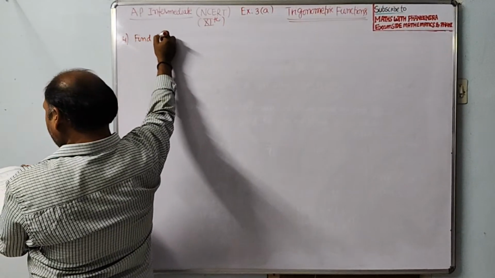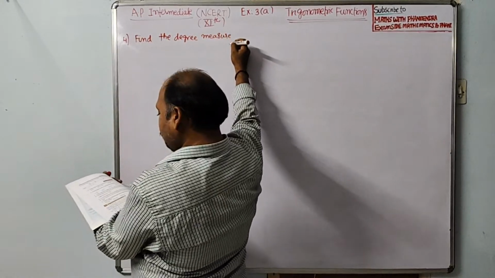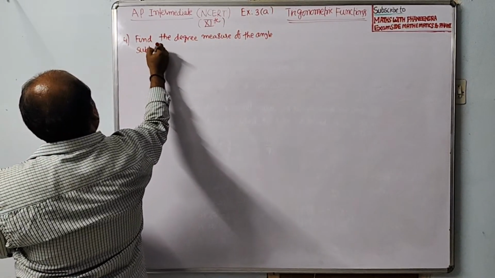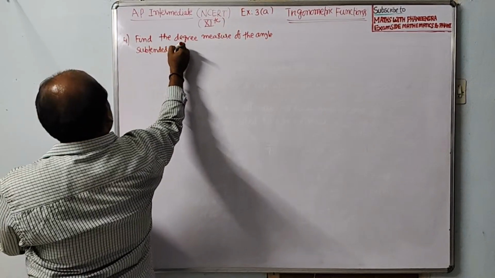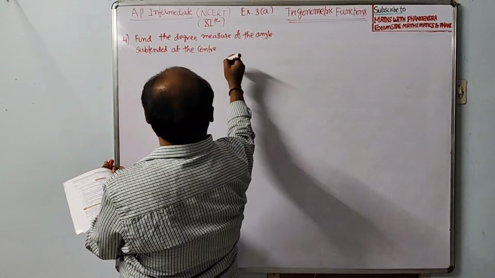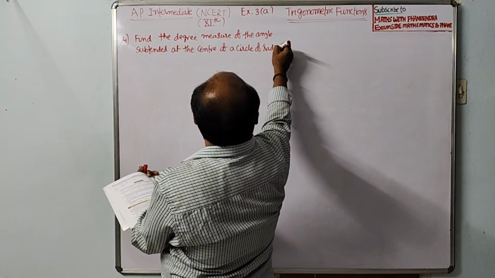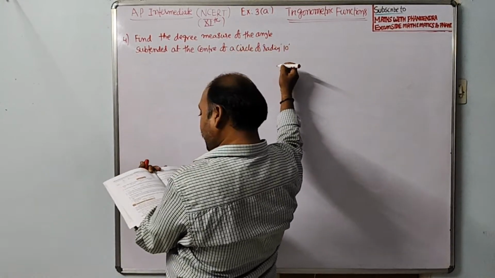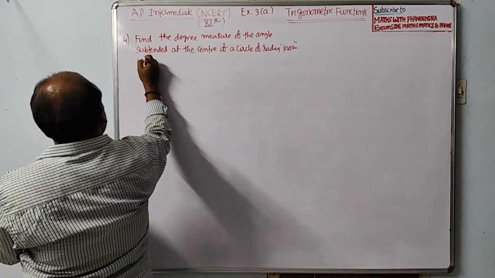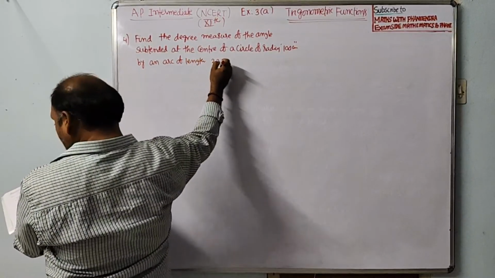Find the degree measure of the angle subtended at the center of a circle, at the center of the circle, of radius 100 centimeters by an arc of length 22 centimeters.